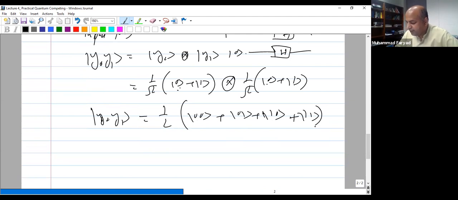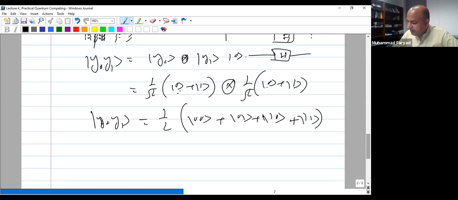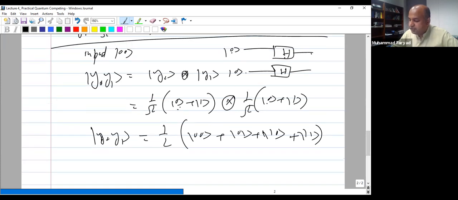If you look at it, this is a superposition state of all 4 possible computational basis states with equal weight. So it means we can say that the Hadamard gates performed on all qubits just transform the system from one state to a state which is a uniform superposition of all possible states.